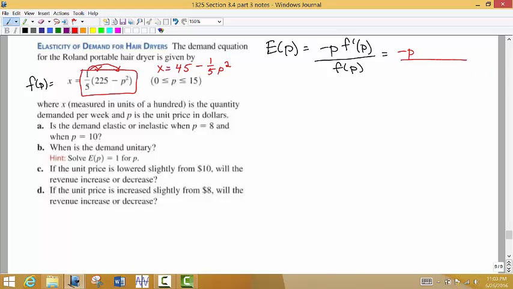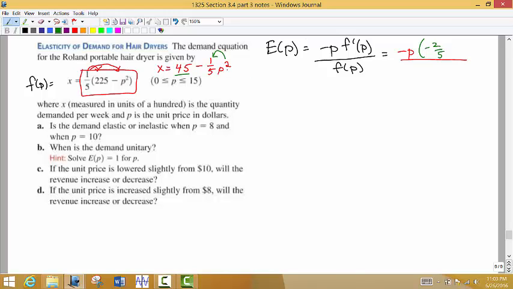So I want to find the derivative of this and put it behind the negative p. This actually turns out to be a really easy formula because when we take the derivative of that term 45, that's just 0, so we don't have to write anything down. And I'm just going to use my power rule here. 2 times 1/5, well, that's negative 2/5.